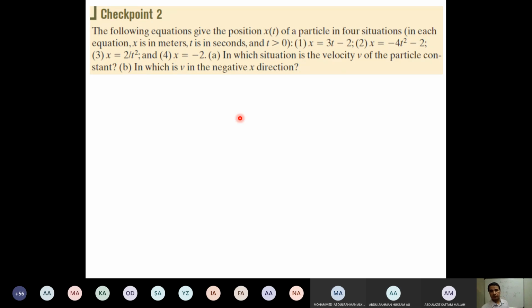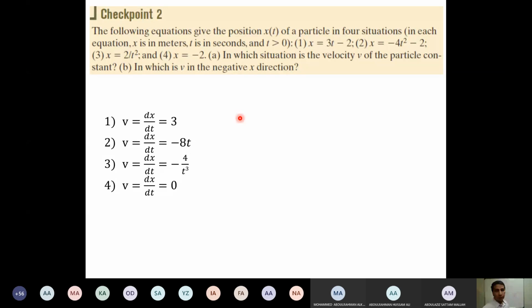It's not constant. Okay. What about 4? 4 will be constant. In 4, what is the answer? 0. Is 0 constant? Yes, 0 is constant. So therefore, in the fourth situation, it is also constant.